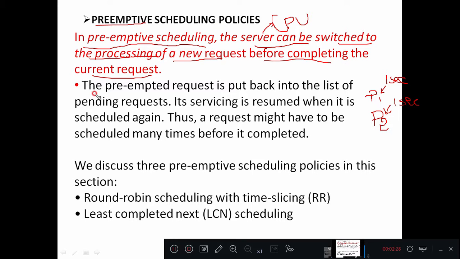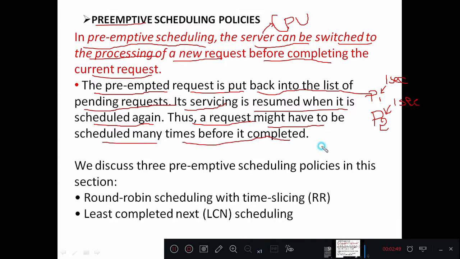Right. So in preemptive scheduling, the preempted request is put back into the list of pending requests. Later we will come to know once I discuss with the examples. Its servicing is resumed when it is scheduled again. Thus, a request might have to be scheduled many times before it is completed.